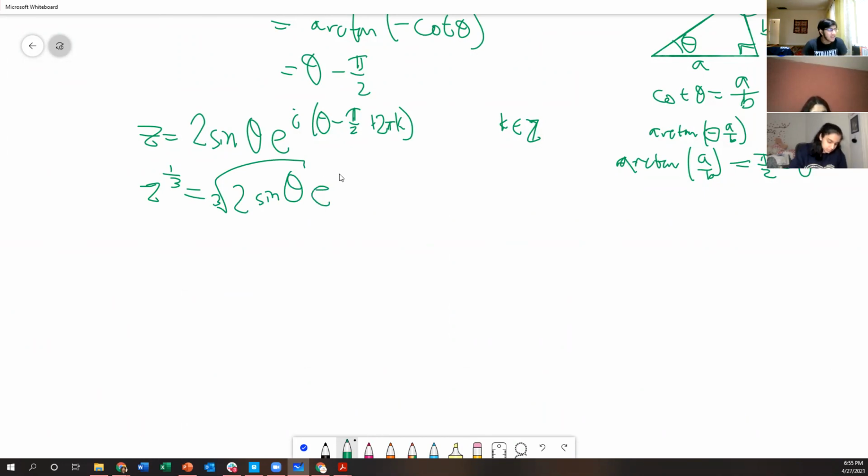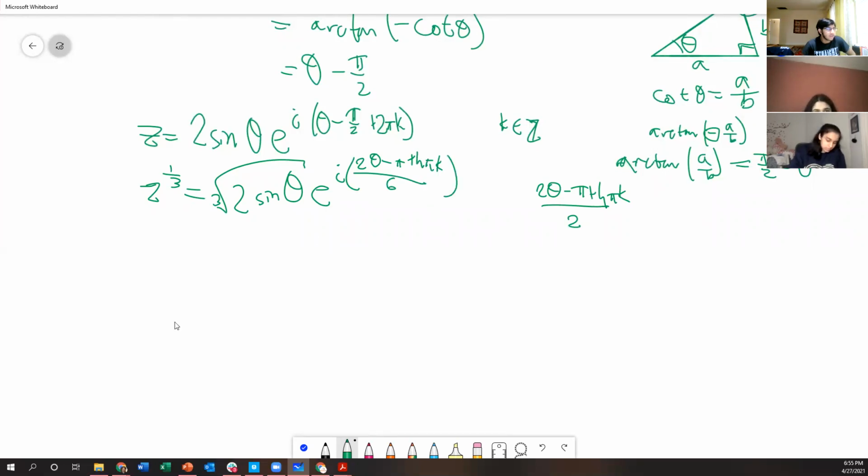Now here, that's going to end up being e to the i. Theta, nope, no. It'll be e to the i. I'm going to take a common denominator here just so it makes things simpler. I'm going to take the common denominator of 2, and that'll be 2 theta minus pi plus 4 pi k, right? So now, if I divide everything by 3, because I'm taking it to the 1/3 power, it'll be 2 theta minus pi plus 4 pi k over 6.